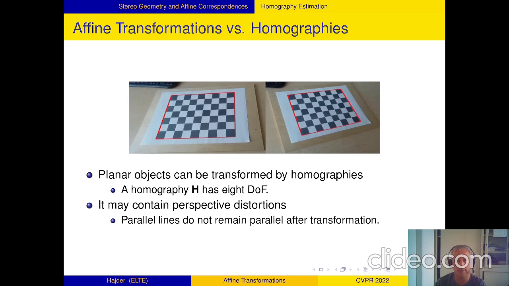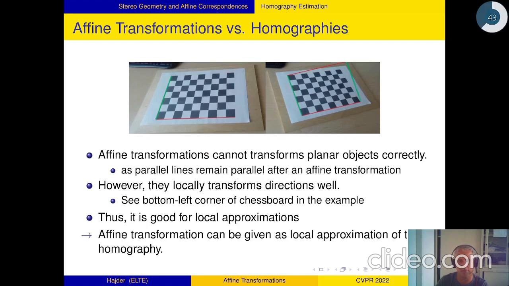And here you see that the border of the chessboards are highlighted by red lines, and the homography can be estimated by standard techniques. It's well known that at least 4 point correspondences are required in order to compute the homography. If we consider an affine transformation, we know that the affine transformation transforms the lines, the border lines as well.